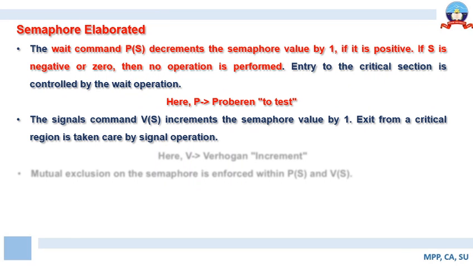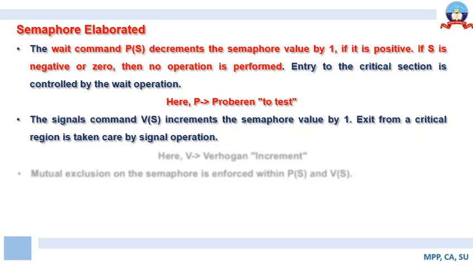Now let us try to understand the signal command. The signal command represented by V increments the value of semaphore by 1. Exit from a critical section region is taken care of by the signal operation. Again, I'm repeating it: the signal command increments the value of semaphore by 1, and exit from a critical region is taken care of by the signal operation.